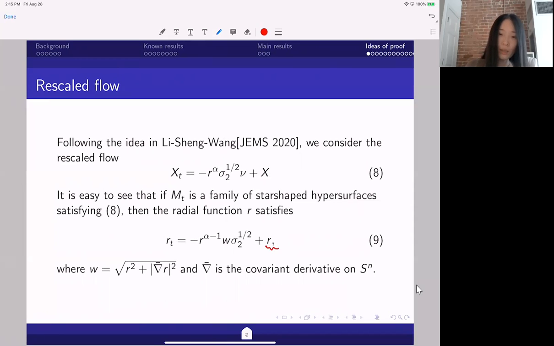But in order to get the principal curvature estimate, we usually need another estimate, an estimate on sigma 2, because we pretty much need sigma 2 to be bounded along the flow in order to get each principal curvature bounded. That's what we're going to do next.